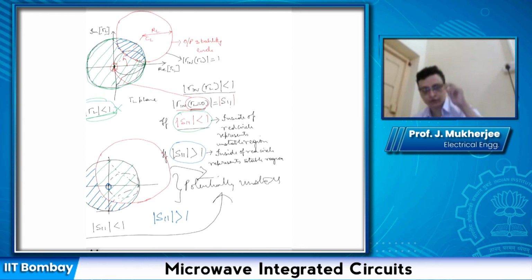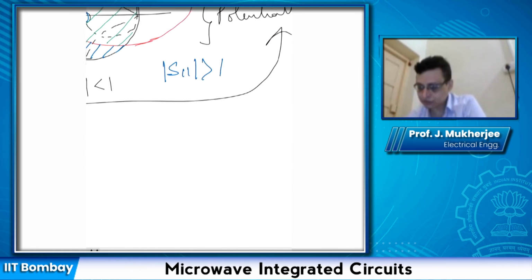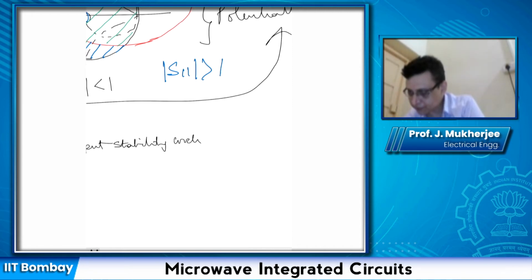Okay. Now in the same way that we had this condition for the output stability circle, I mentioned earlier that we can also have a similar case for the input stability circle. So for the input stability circle, the equation of the locus on the gamma S plane.